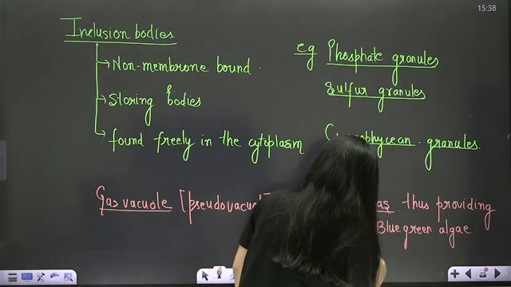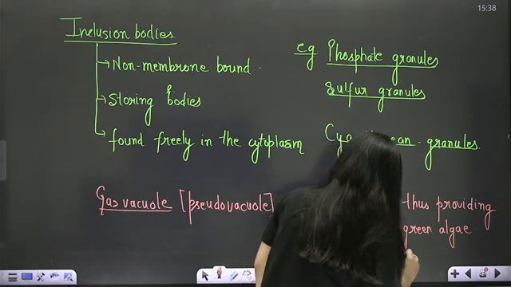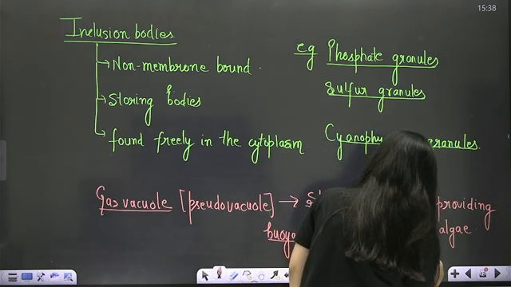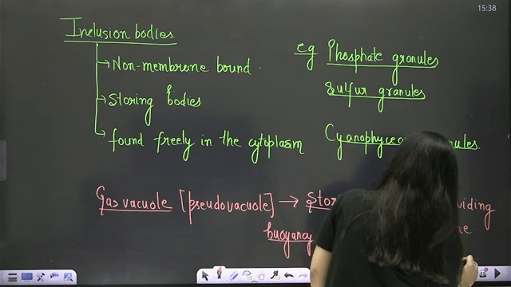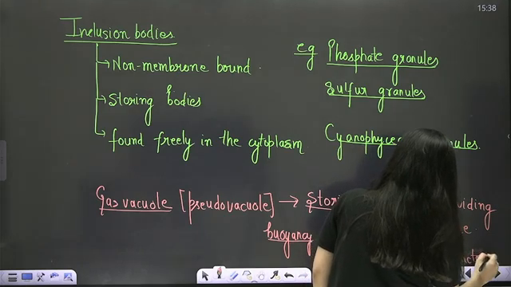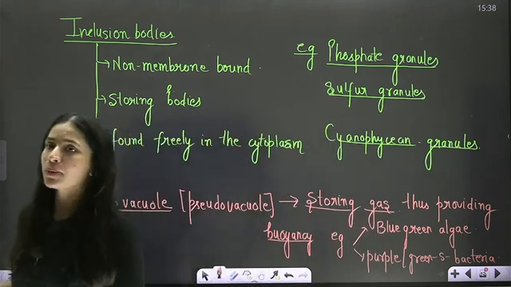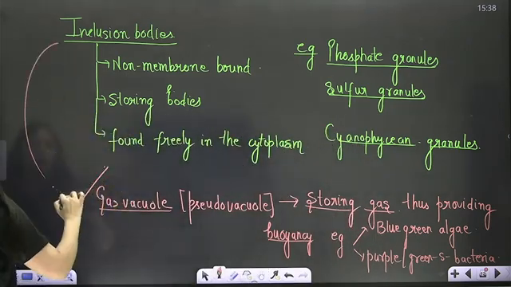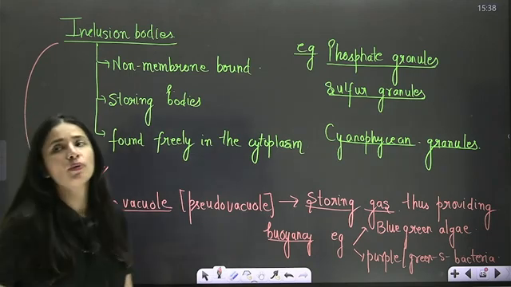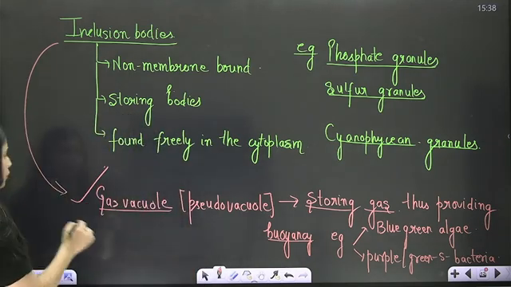And second is purple green sulfur bacteria. So these are the prokaryotic cells that are found floating on the surface of water owing to the presence of gas vacuole, which is one of the non-membrane bound inclusion bodies responsible for storing gas.